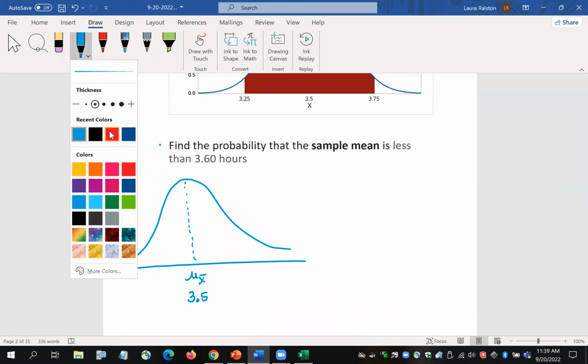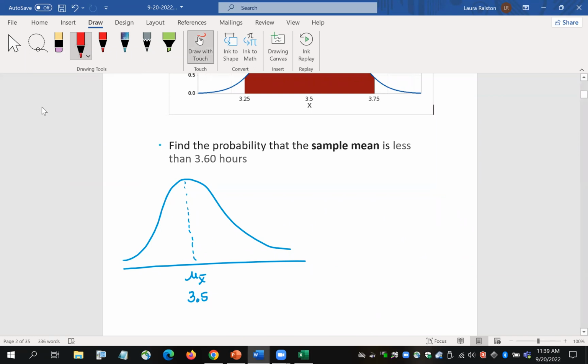We want to be less than 3.6, so I'm looking for this red shaded region. Once you've realized you're applying the central limit theorem and you've made the adjustments to your mean and your standard deviation, it works just like a regular normal distribution problem.